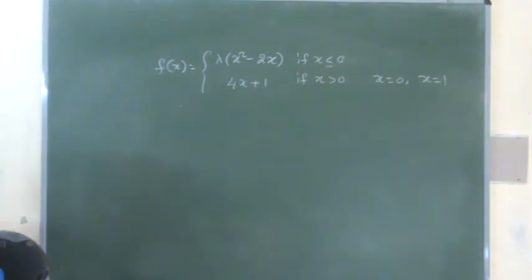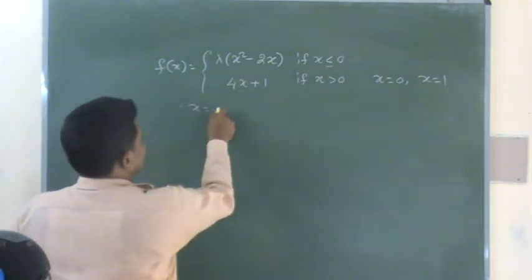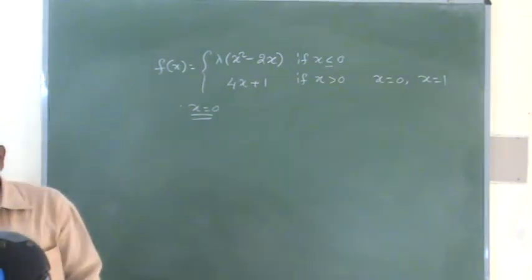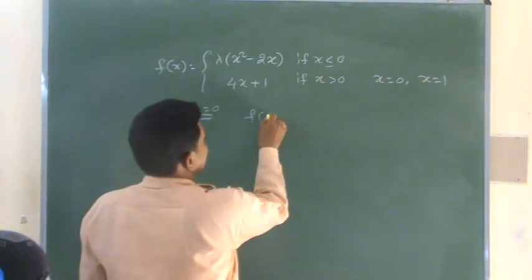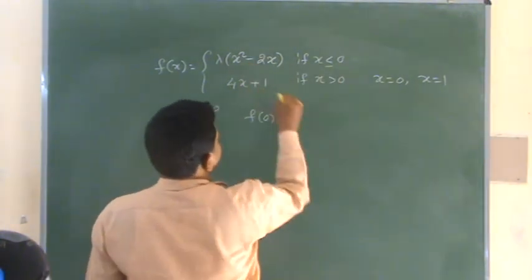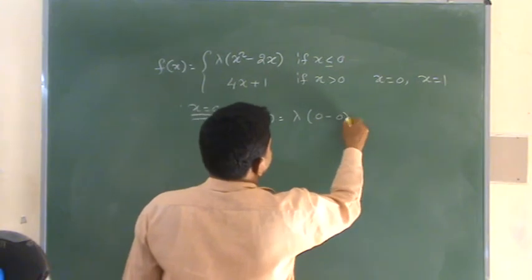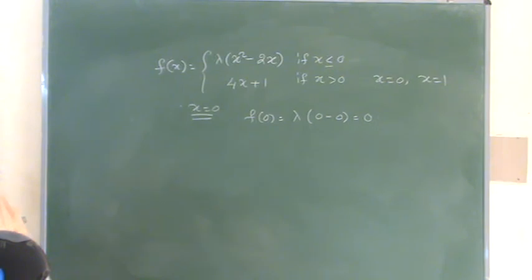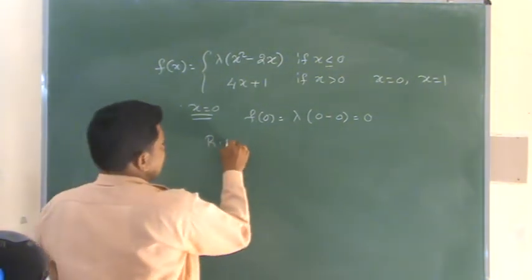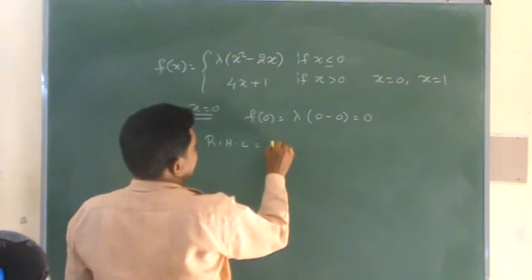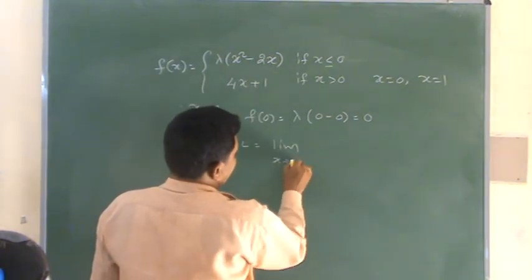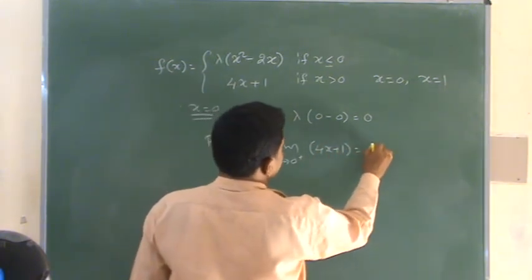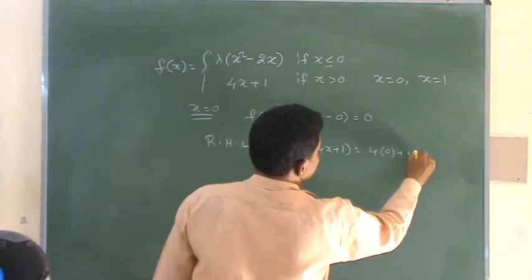So here at x is equal to 0, we take f of 0. Here f of 0 is equal to lambda into 0 minus 0, therefore we get 0. And the right hand limit, limit x tends to 0 plus, that means 4x plus 1, that is 4 into 0 plus 1, that means 1.